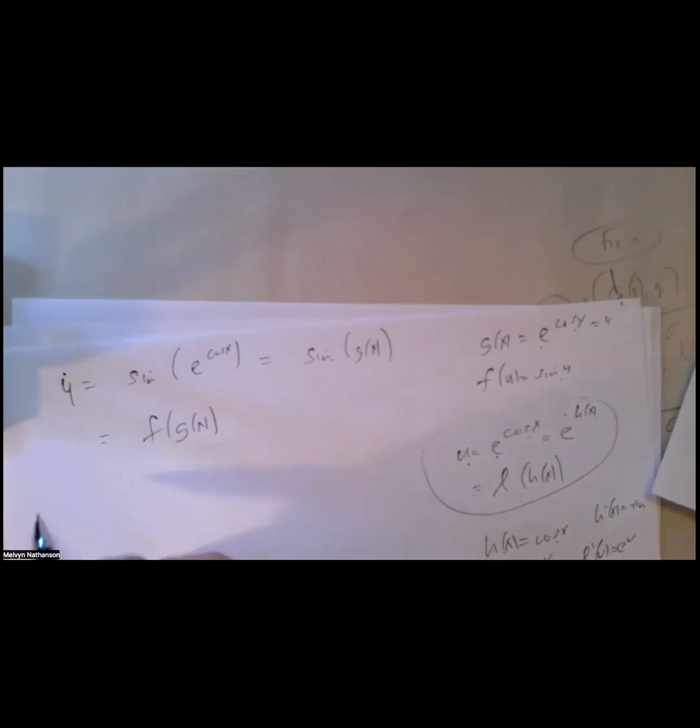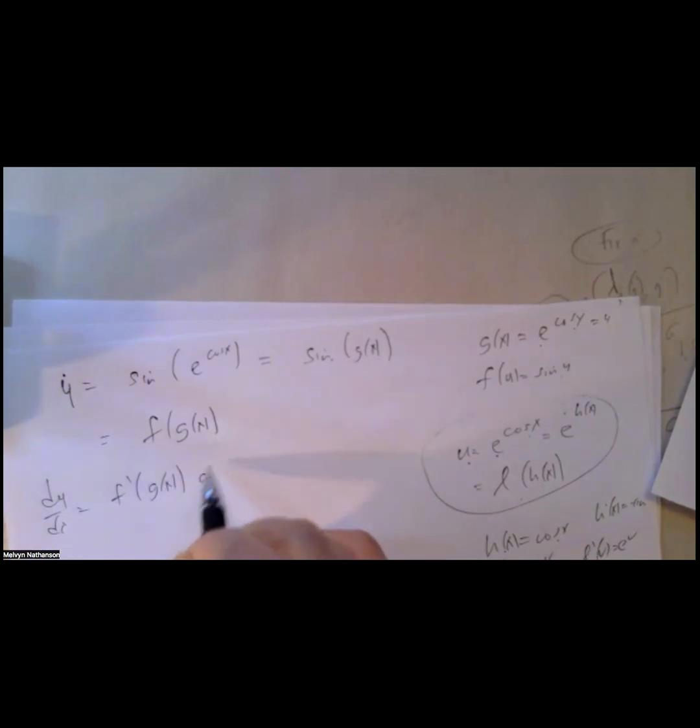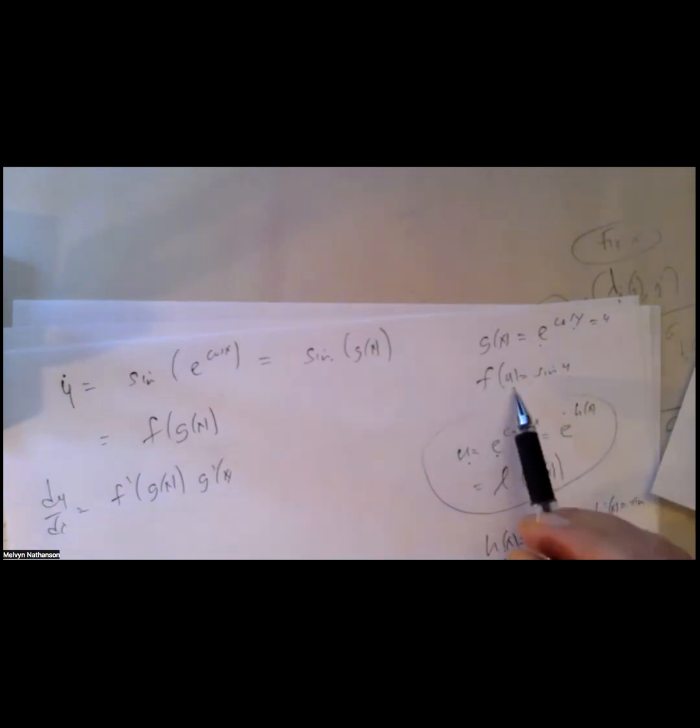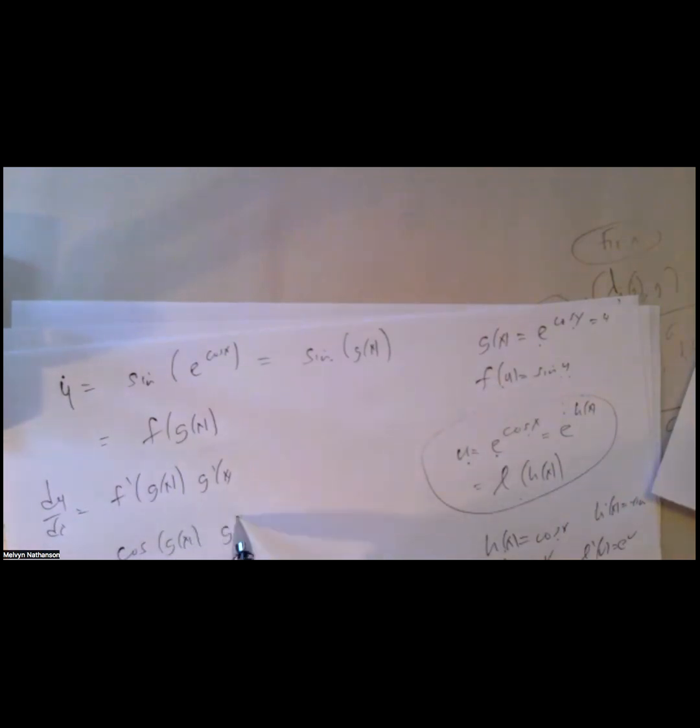So dy dx is f prime of g of x times g prime of x. F of u is sine u, so f prime of u is cosine. So this is the cosine of g of x times g prime of x. Cosine of g of x is the cosine of e to the cosine of x. G prime of x is minus sine x e to the cosine of x.